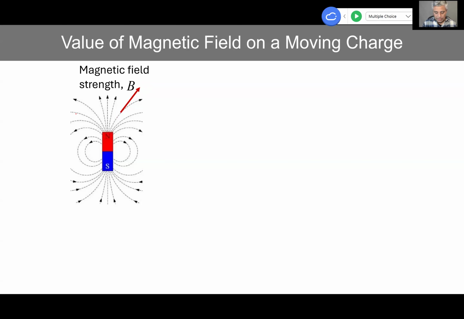So now let's suppose a charge just flies through there, something like this. Oh, pretty close. So B is in that direction, V is in that direction. Okay. So now in that case, we say, okay, what's the angle between them? That's theta. Okay.